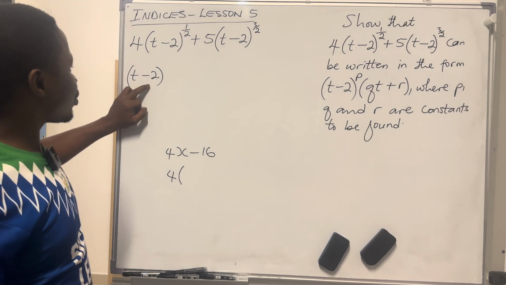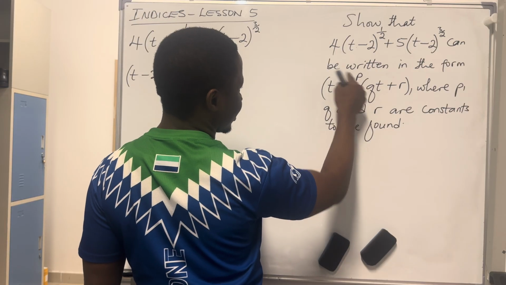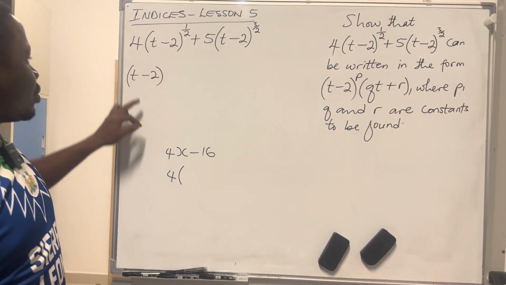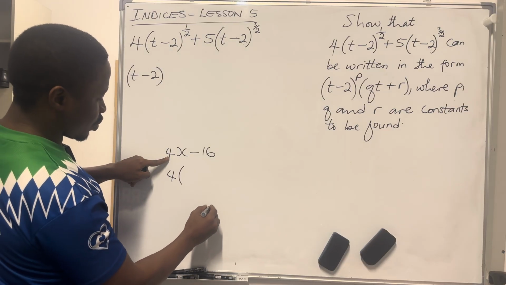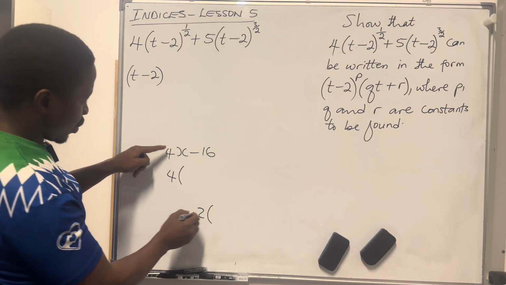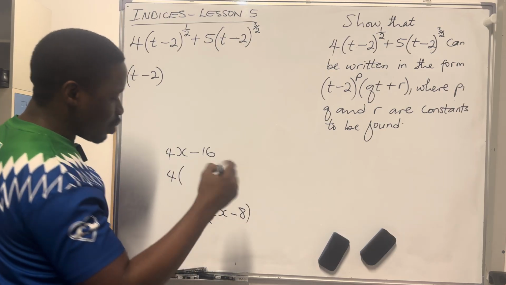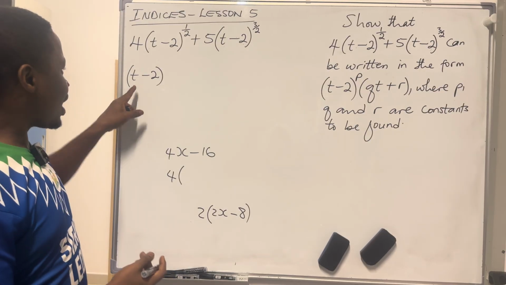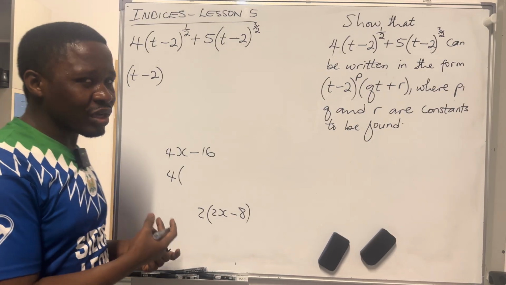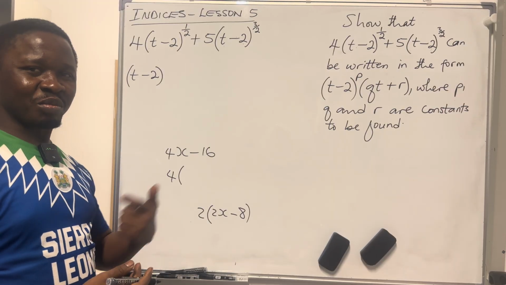If we factor out T minus 2, we know that they write something here. Just like here, someone can choose to say, let me use 2. 2 into 4 is 2 with the x. 2 into 16 is 8. But you and I know that 2x and 8, there is also something common. But here it wouldn't have been wrong because we don't mind to further simplify, more steps, more time.